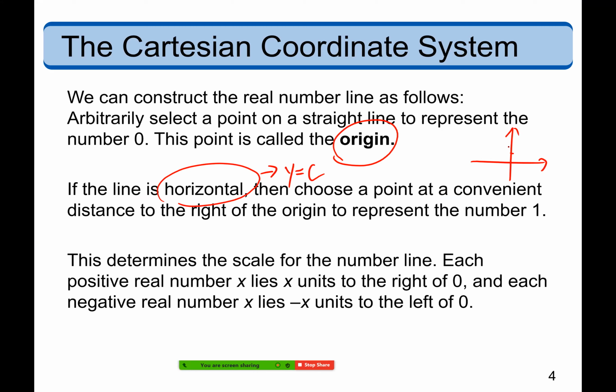A horizontal line is always parallel to the x-axis, right? For the x-axis, the equation that represents it is y equal to 0. That's why for any horizontal line, the equation should be y equal to a certain number. So in this case, since it's 2, it's y equal to 2. That's why we use y equal to c to represent horizontal lines. Okay.